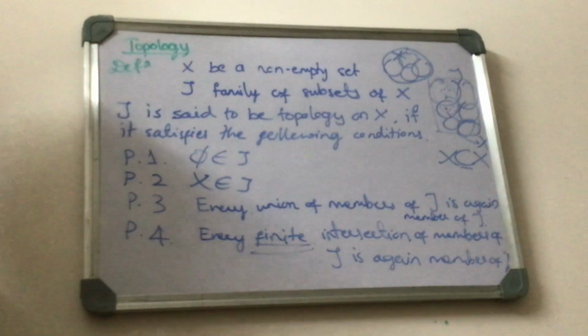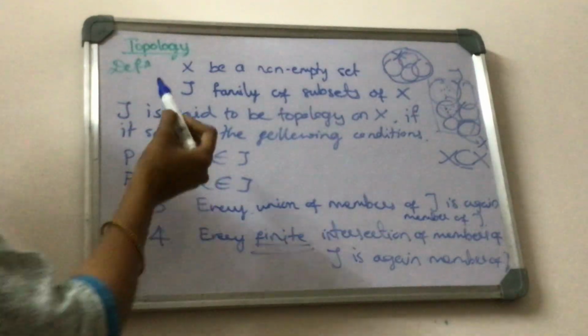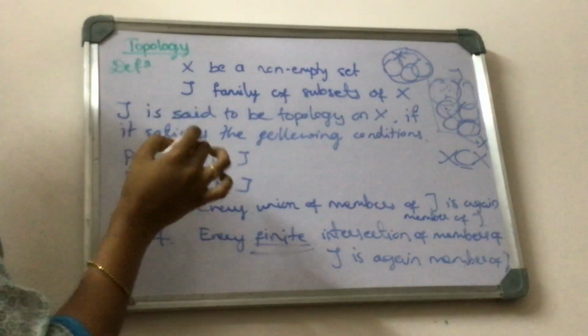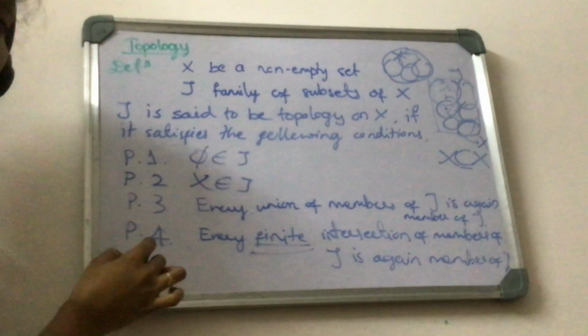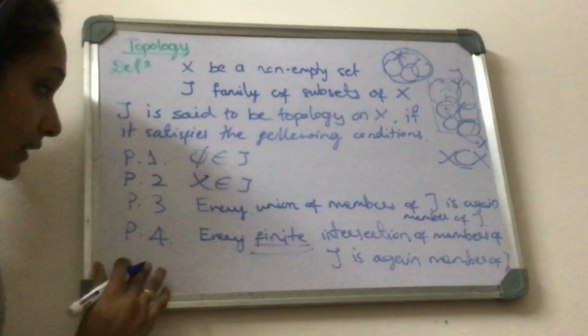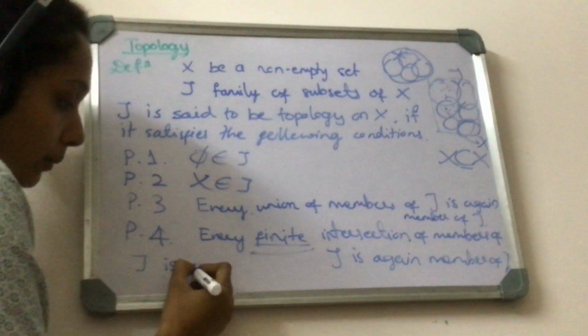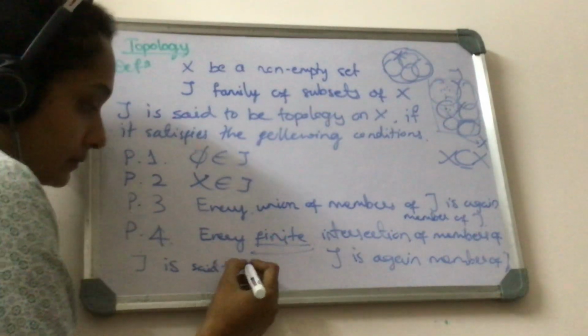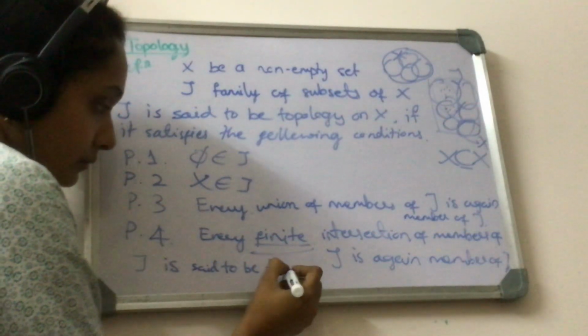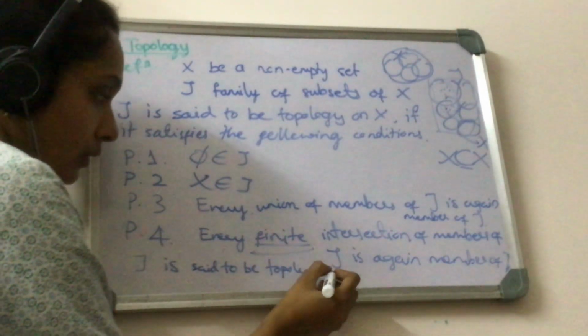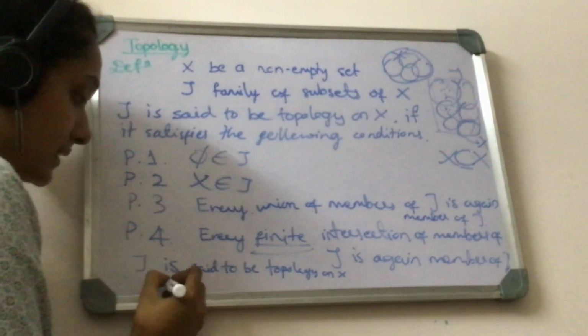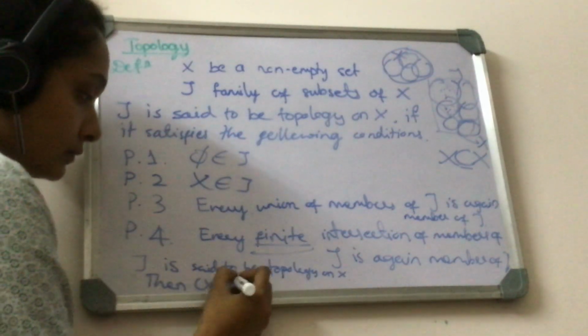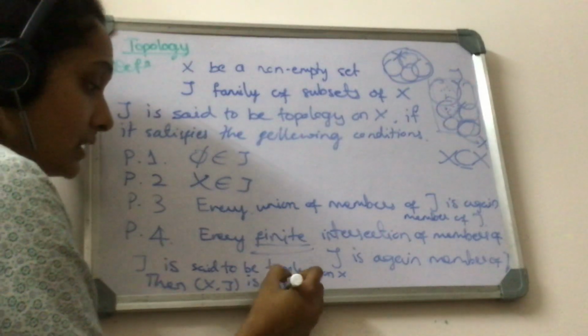So if the tau collection of subsets of X satisfies these four conditions, then tau is said to be a topology on X. Then (X, tau) is called a topological space.